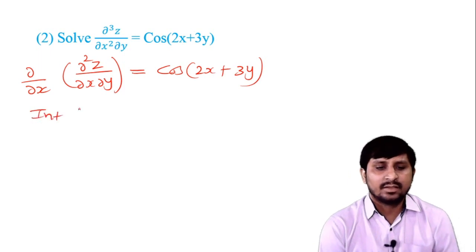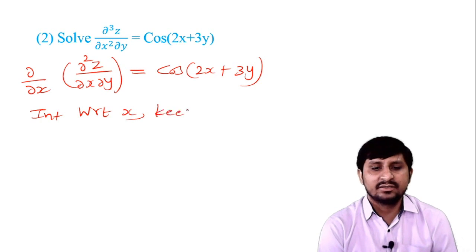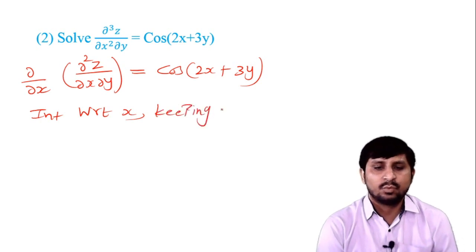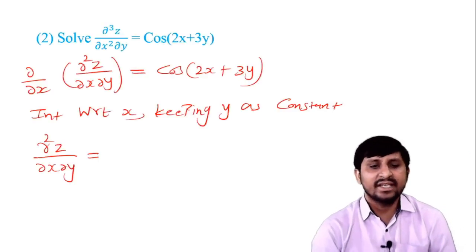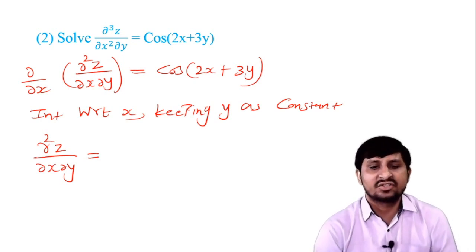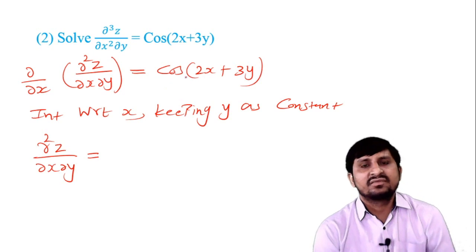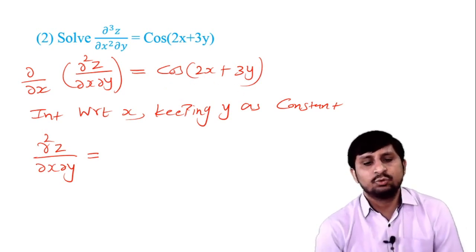So integration with respect to x, keeping y as a constant. So del square z by del x del y is equal to the integration with respect to x of cos of 2x plus 3y, y being a constant.